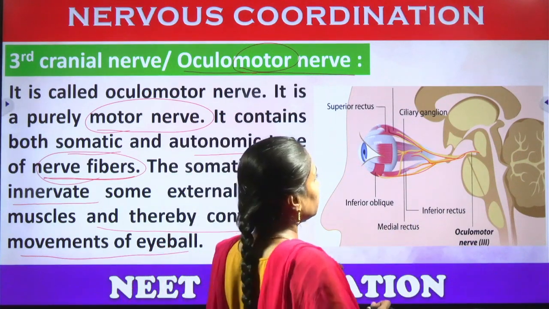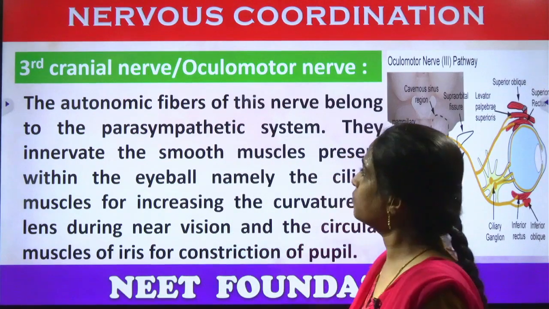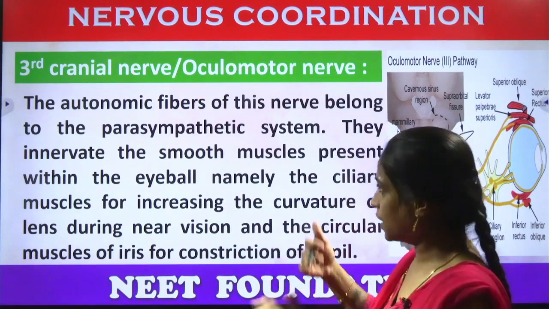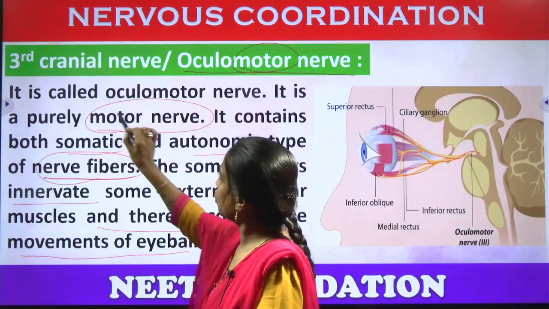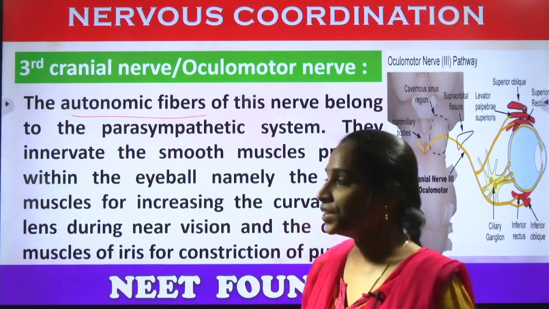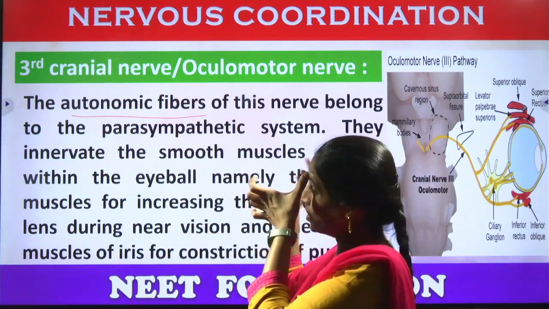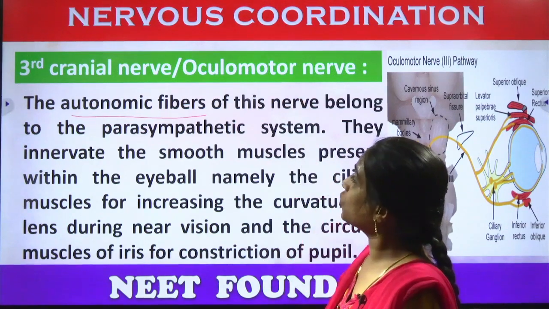Okay, next, what is the next pair of nerves? Third cranial nerve, continuation of the oculomotor nerve. The autonomic fibers, in the sense the involuntary muscles. For these muscles, what kind of nerves are attached? The third pair, the oculomotor nerves.